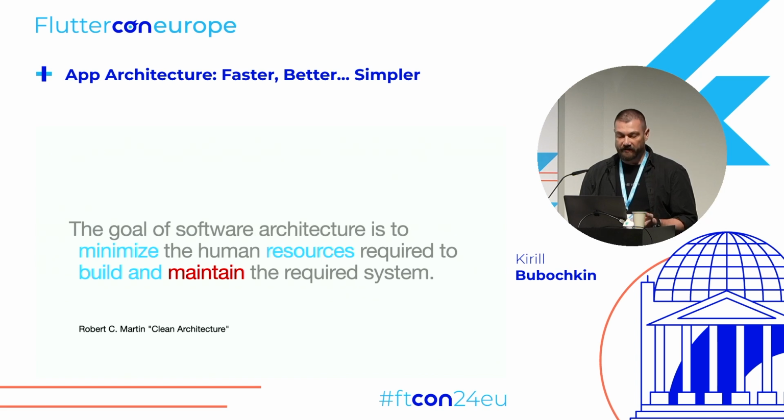We rarely create apps that aren't supposed to be maintained in the future. And when we do, they usually require a totally different approach to architecture. But the majority of the apps are long-lived. And maintenance, which includes both fixing bugs and adding new features, is the biggest part of the app lifecycle. So it makes it extremely important to make this part as easy as possible.